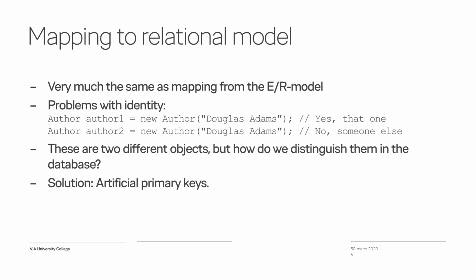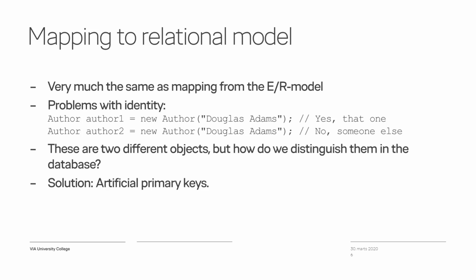If you try to compare them with author1.equals(author2), it's false. They're not the same. If you write your own equals method and compare them then, it depends on how you write it, but probably true, but they shouldn't be, because they are not the same author. They just have the same name.